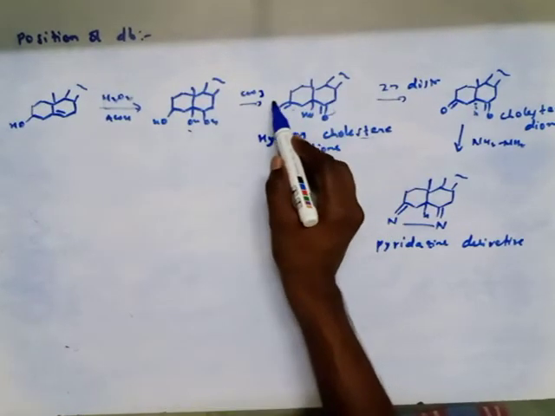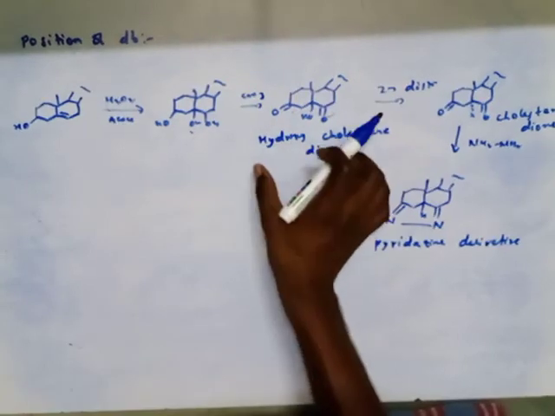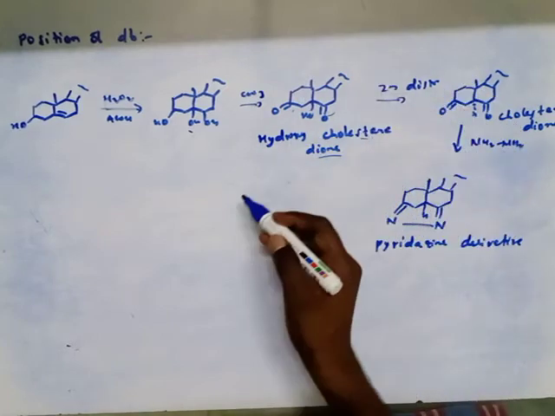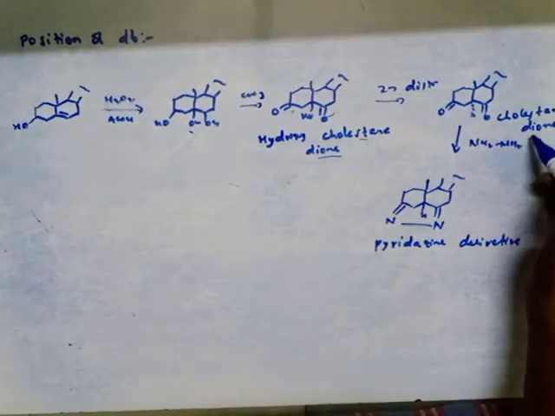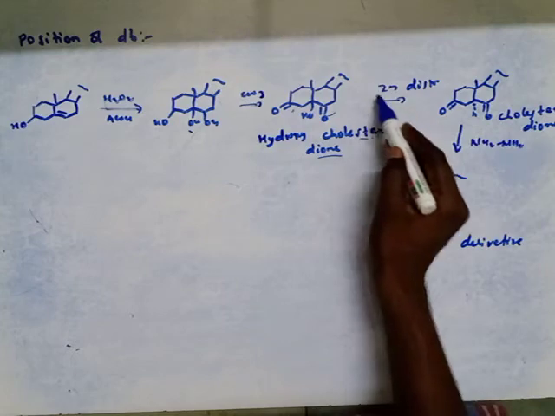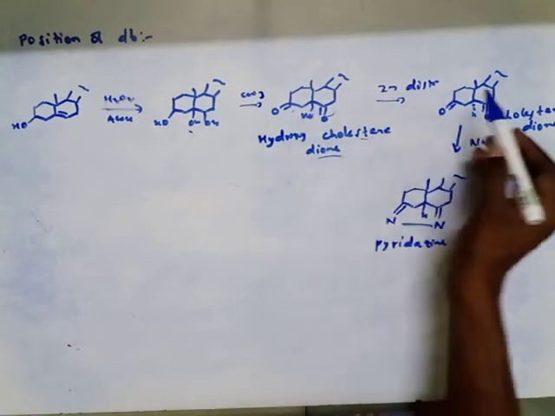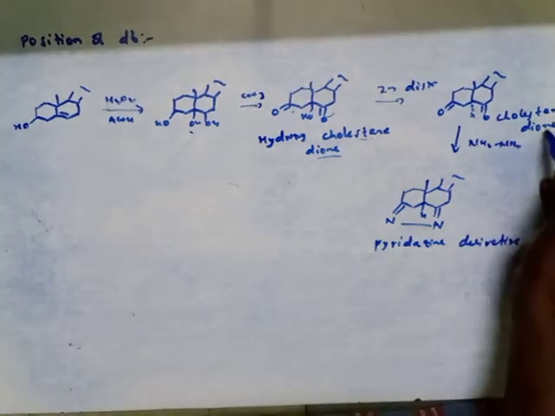These two keto groups are present, that's why it is hydroxycholesterol, and this undergoes zinc distillation, where the removal of OH takes place to form the cholesterol structure.